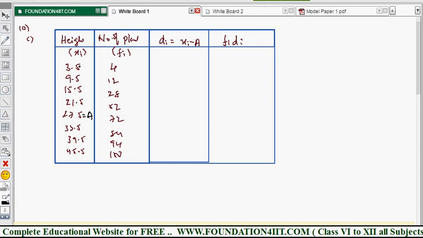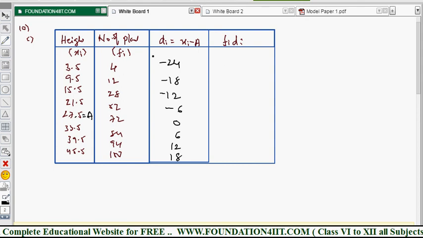So 3.5 minus 27.5 is minus 24, and 9.5 minus 27.5 is minus 18. Continuing, minus 12, minus 6, and 27.5 minus 27.5 is 0. Then 6, 12, 18, because the gap is 6, so you get the same order.